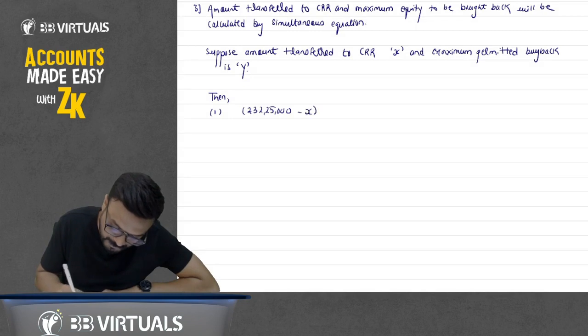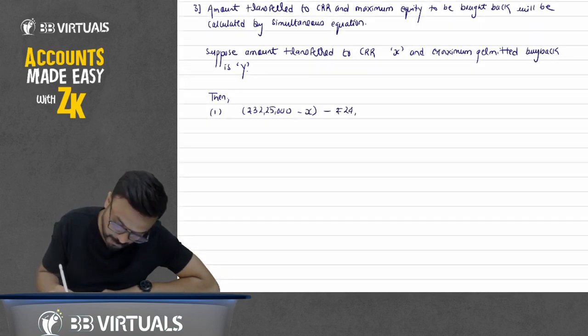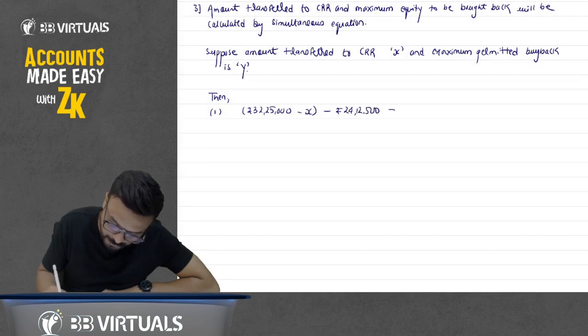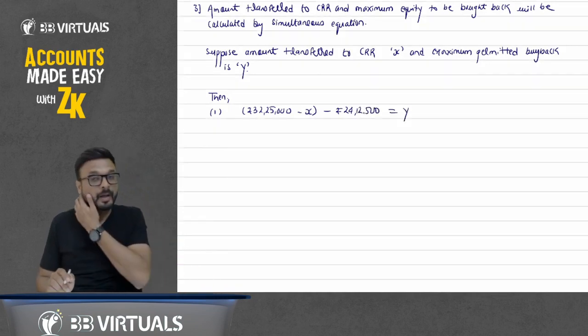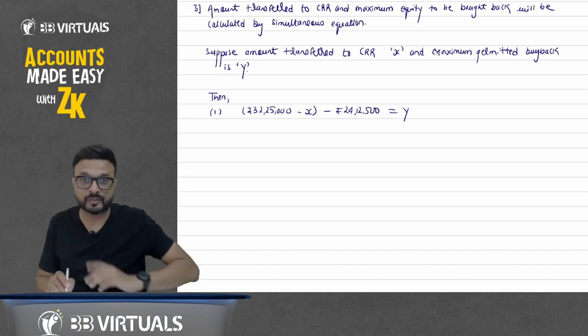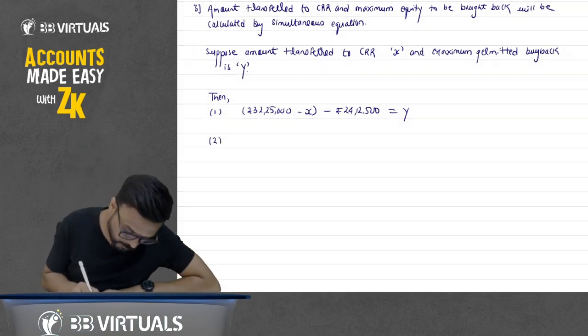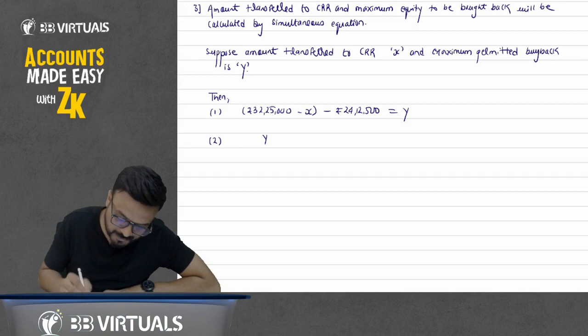Some amount will be transferred to CRR and some should be maintained, that is 24,12,500. So the remaining is the amount that we can utilize for the purpose of buyback. Second equation, if I say Y, what is this Y?